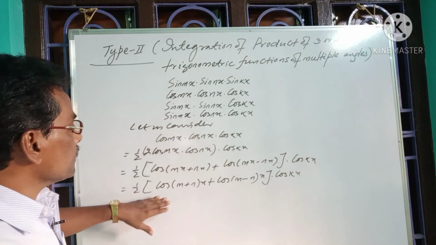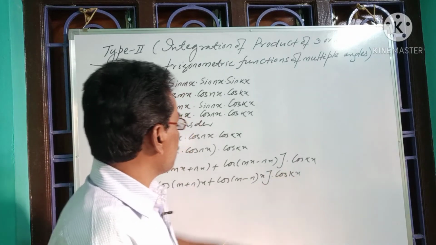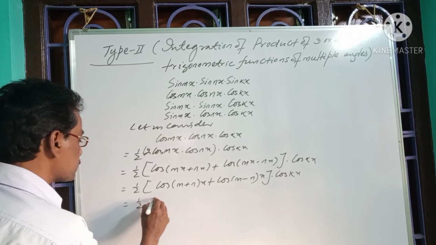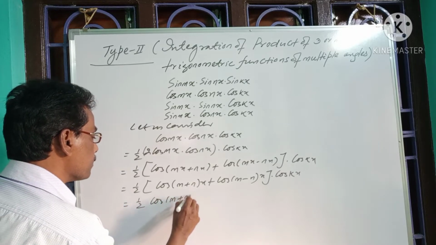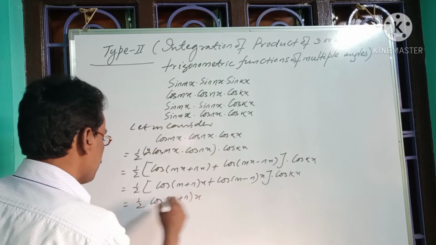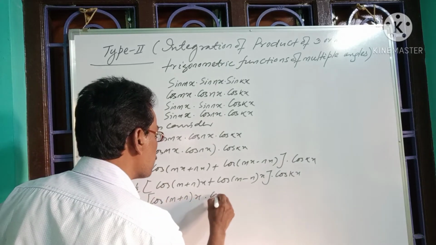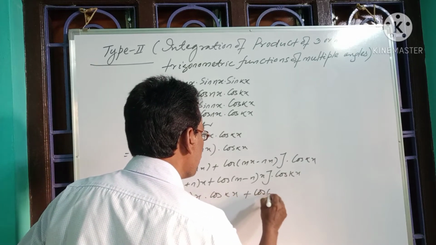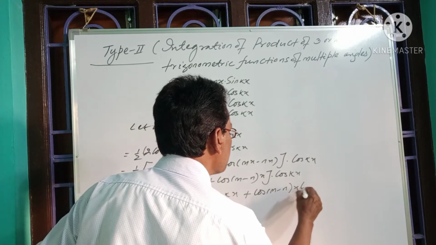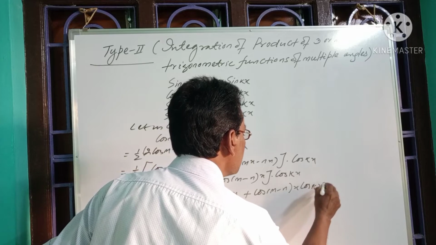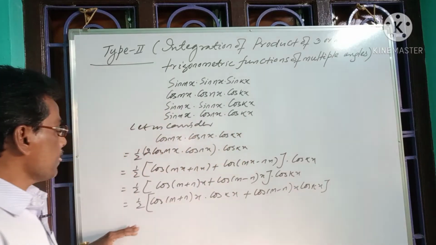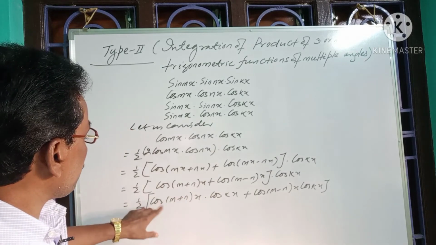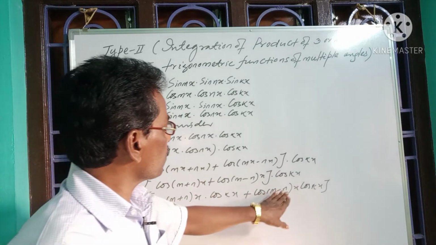After breaking, again there is a factor cos kx. Multiplying by cos kx, we have half into cos of (m plus n)x into cos kx plus cos of (m minus n)x into cos kx. After transforming, we find that the first two terms are again not integrable.